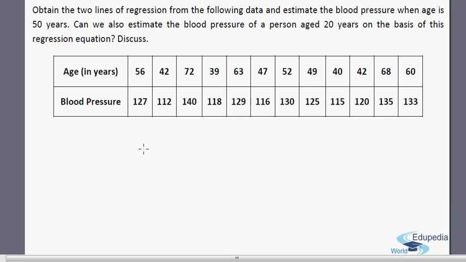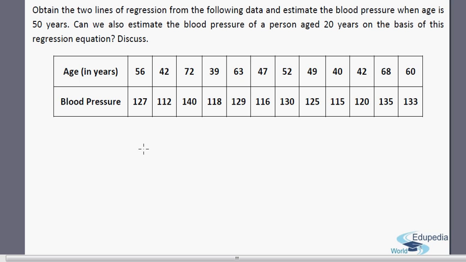Obtain the two lines of regression from the following data and estimate the blood pressure when age is 50 years. Can we also estimate the blood pressure of a person aged 20 years on the basis of this regression equation? Discuss. So here we have the data of blood pressure of certain number of people with their ages.